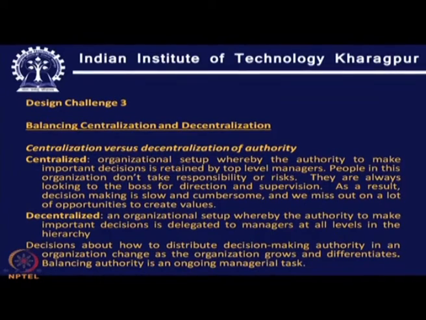When we are talking of design challenge 3, we are trying to balance centralization and decentralization. In centralization, the authority to make important decisions is retained by the top level managers. People in this organization do not take responsibility or risks.